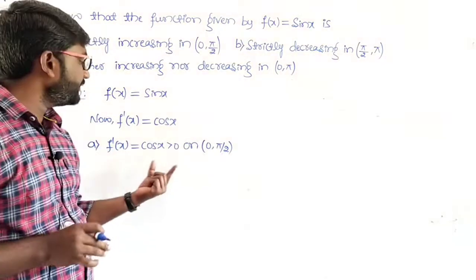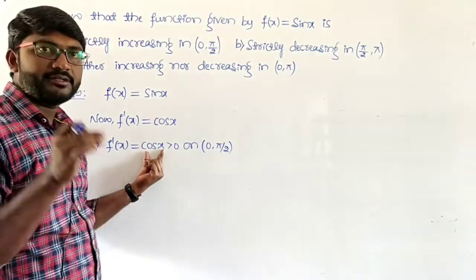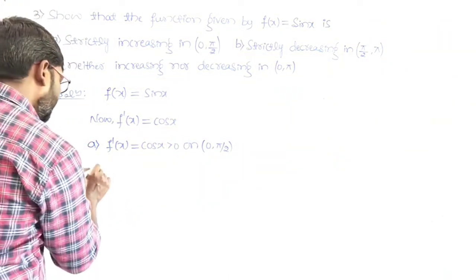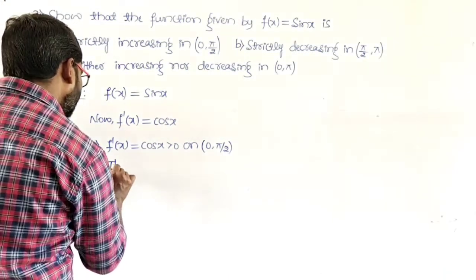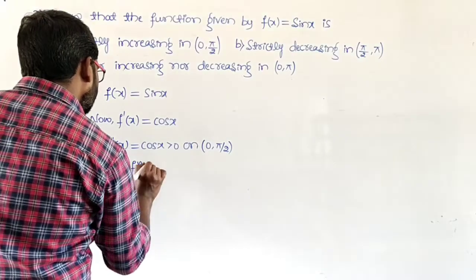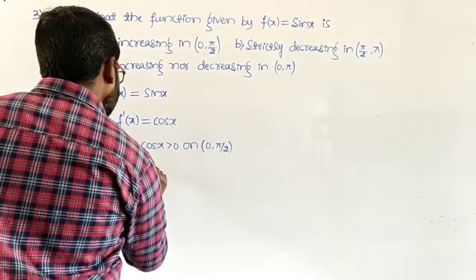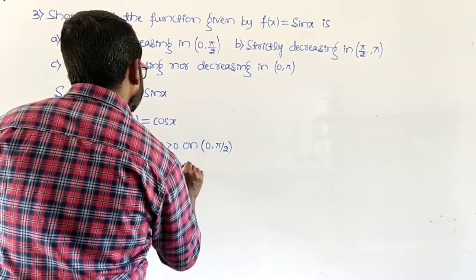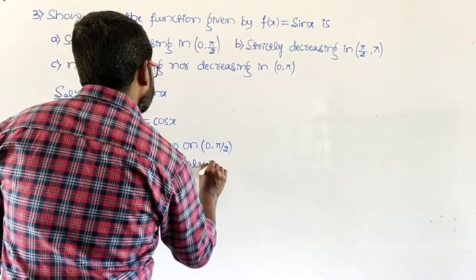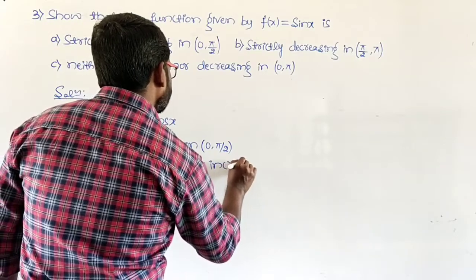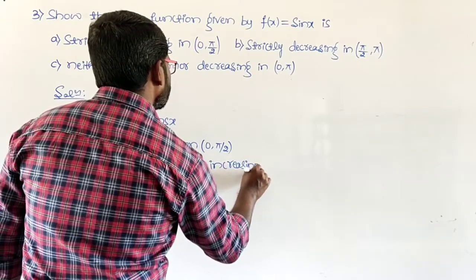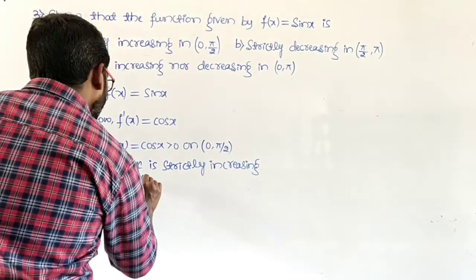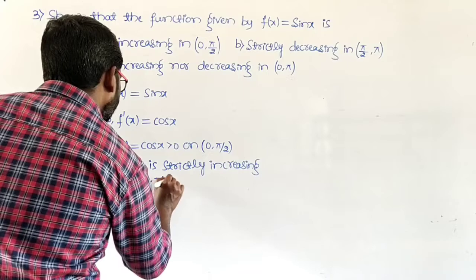Substitute all those three points in this equation, and it is greater than 0. Therefore the function is strictly increasing on the open interval 0 comma pi by 2.